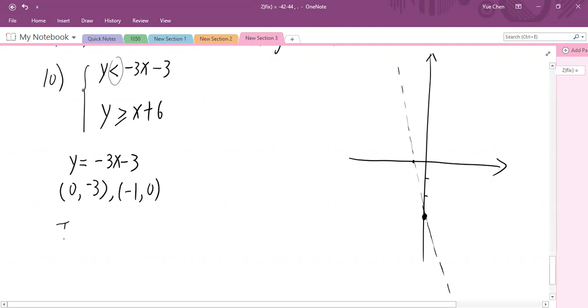We just test the origin, because the origin is not on the line. So we plug it into the inequality: 0 less than -3 times 0 minus 3. Is that correct? No, it's not correct. It gives you 0 less than -3, so the plane does not include the 0, 0 point, which is here.